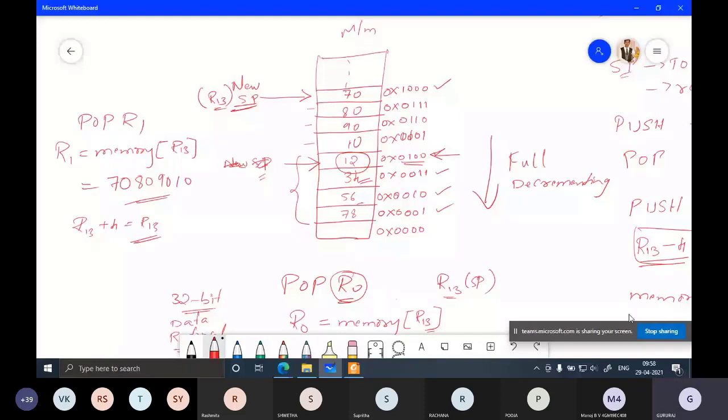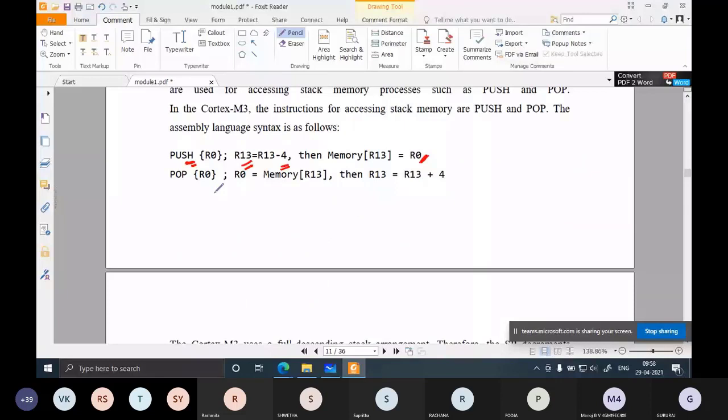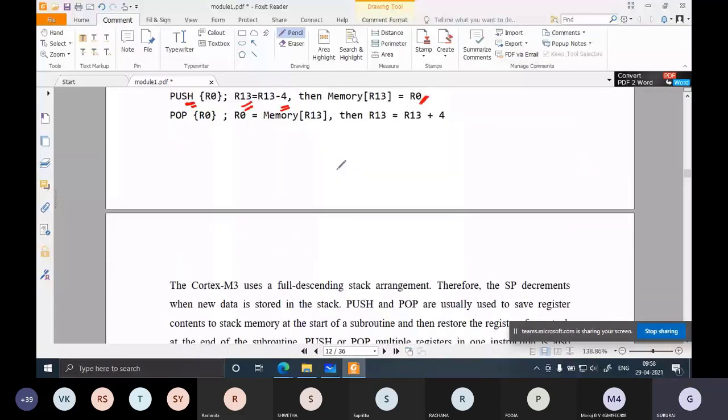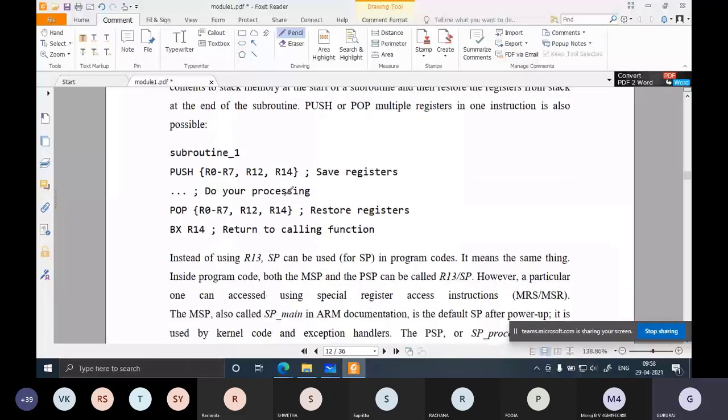Same thing is explained here. Fine. In Cortex M3, there is one more option. You can push multiple registers at a time.